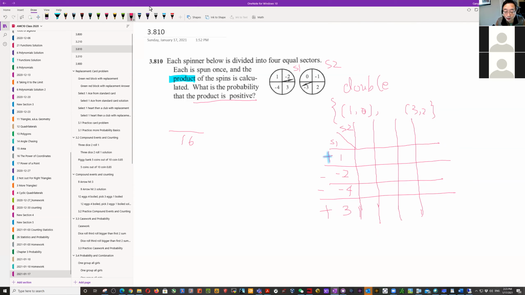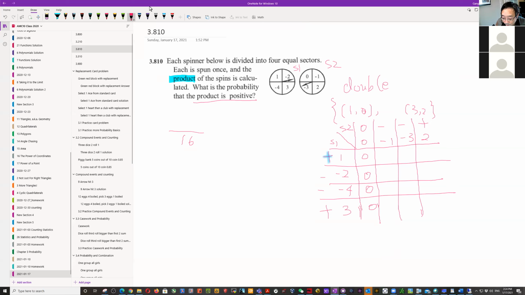So that's spinner 1. Then spinner 2 is 0, negative 1, negative 3, and 2. So I got 0, negative, negative, positive. I'm only trying to mark negative or positive, and this is obviously 0, 0, 0, 0. It's not going to be positive.